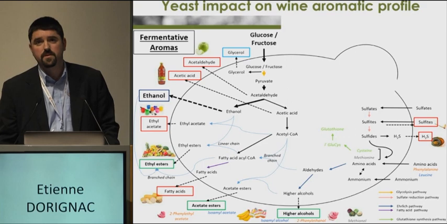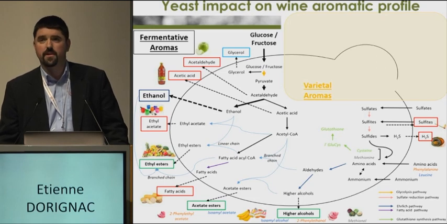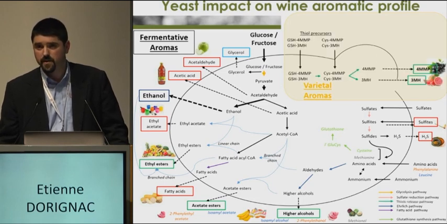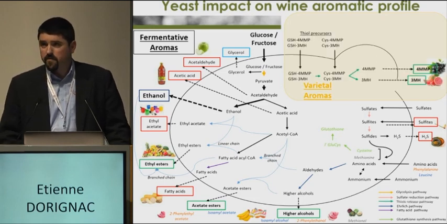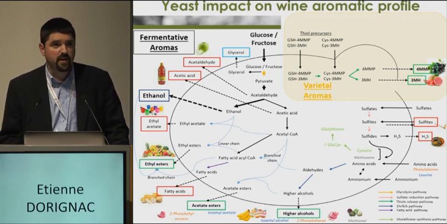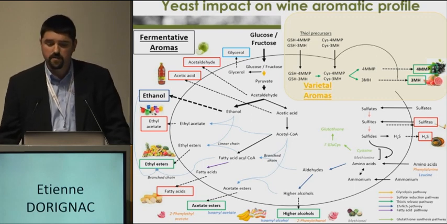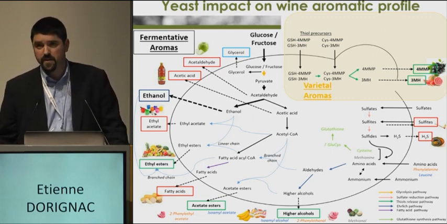All these compounds are potentially impacted by the yeast in different ways. But then you also have the varietal aromas, and the yeast has something to do with those too. For the thiol precursors, the yeast internalizes them and releases free thiols like 4-MMP and 3-MH, with these grapefruit aromas.